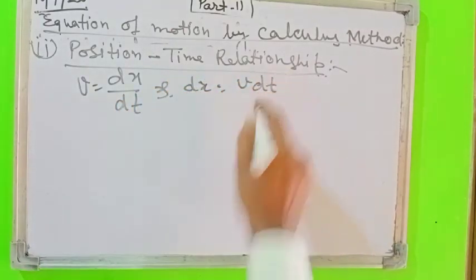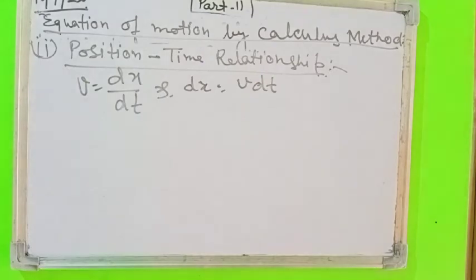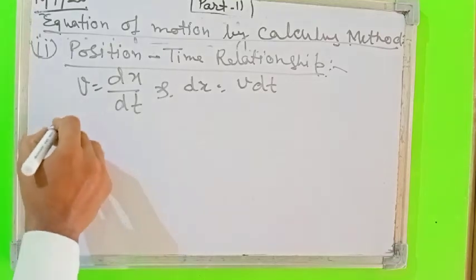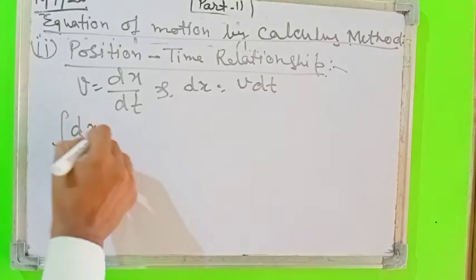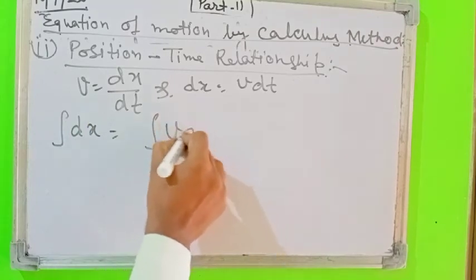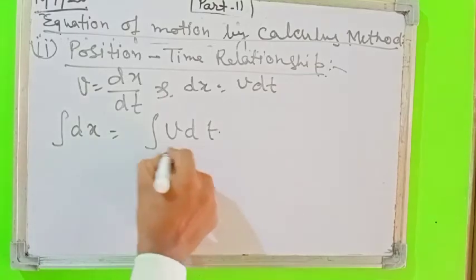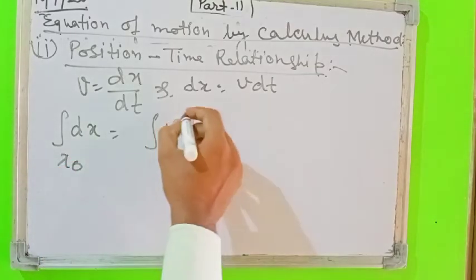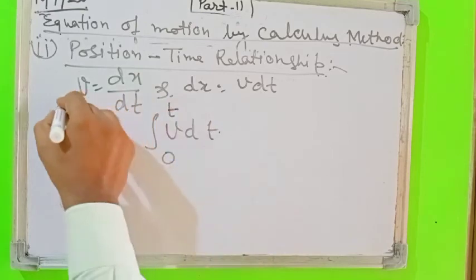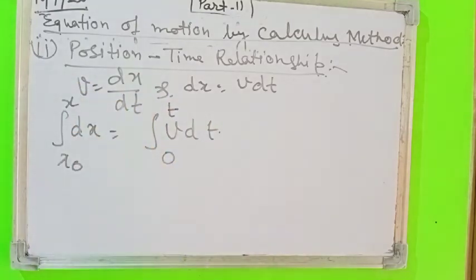Dx is equal to v dt. Integrating both sides, dx and v dt. At t is equal to 0, position is x naught, and at t is equal to t, position is x.